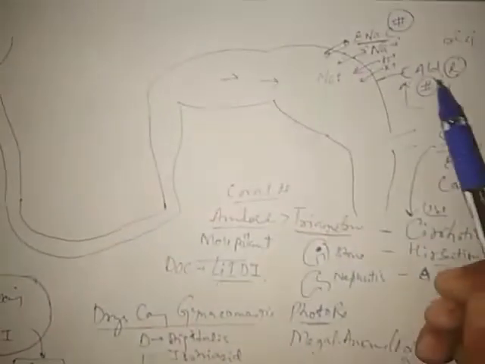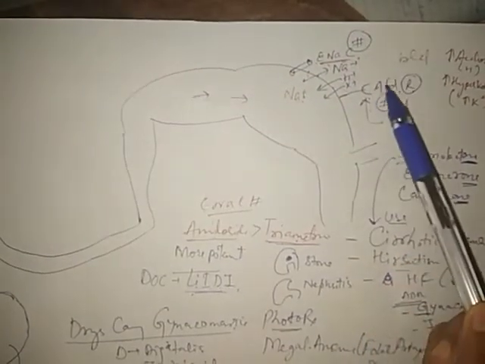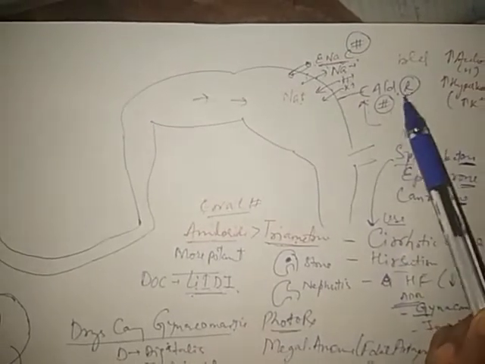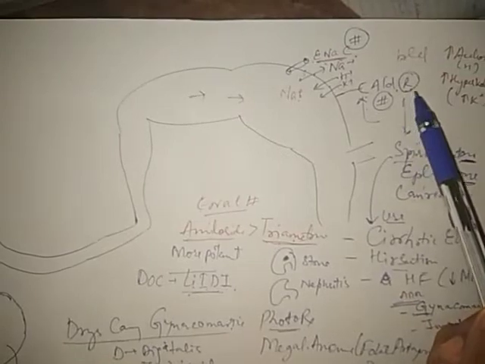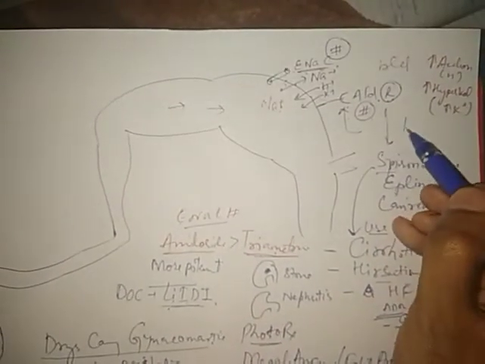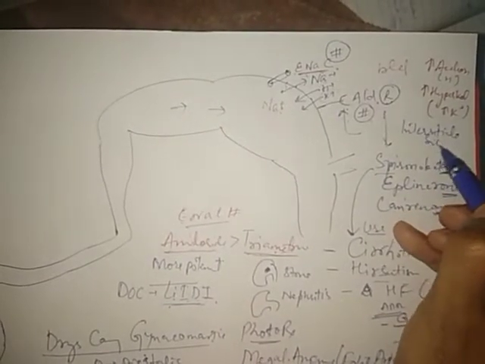So I repeat, potassium sparing diuretics are of two types. There is one group that blocks the epithelial sodium channel and another group that blocks the aldosterone receptors. And these aldosterone receptor blockers are the only diuretics that act from the interstitial side, while all the rest of the diuretics act from the luminal side.